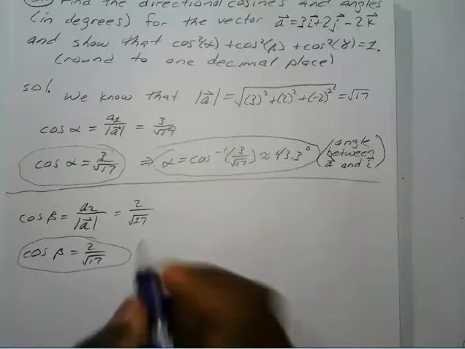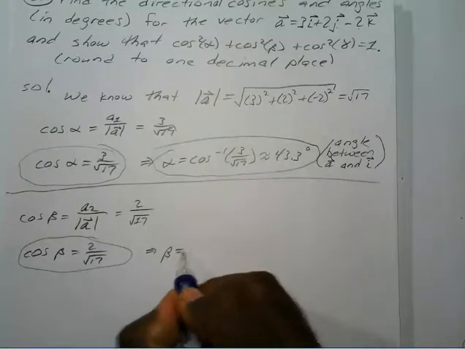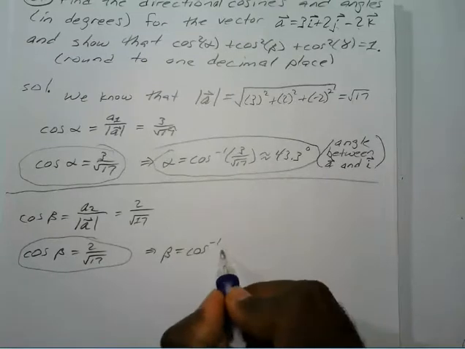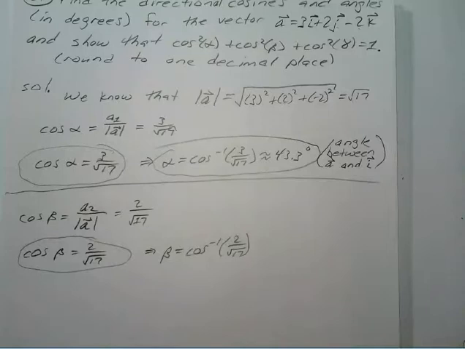Okay, but if we apply cosine inverse to both sides, that means that beta is equal to the cosine inverse of 2 over square root of 17.